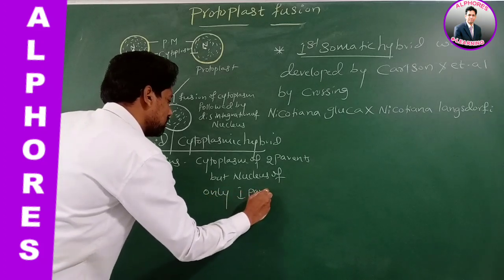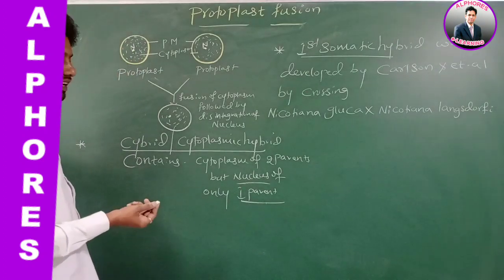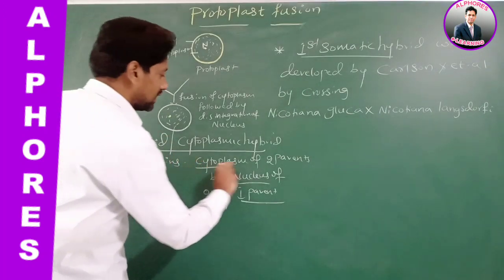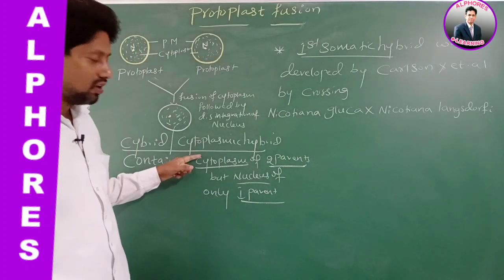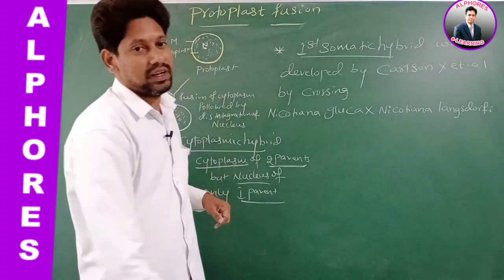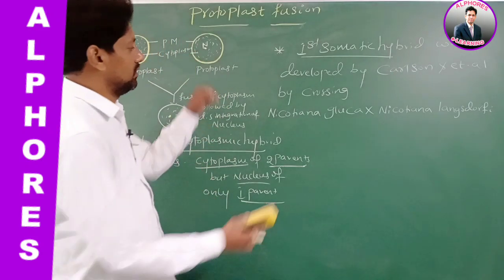Why is it having nucleus of only 1 parent? Because the nucleus of another parent has disintegrated, but it contains cytoplasm of both the parents. That is which hybrid? Hybrid or cytoplasmic hybrid.